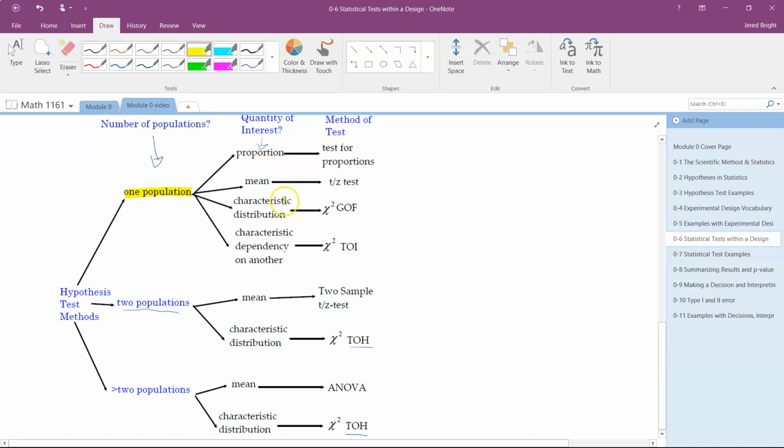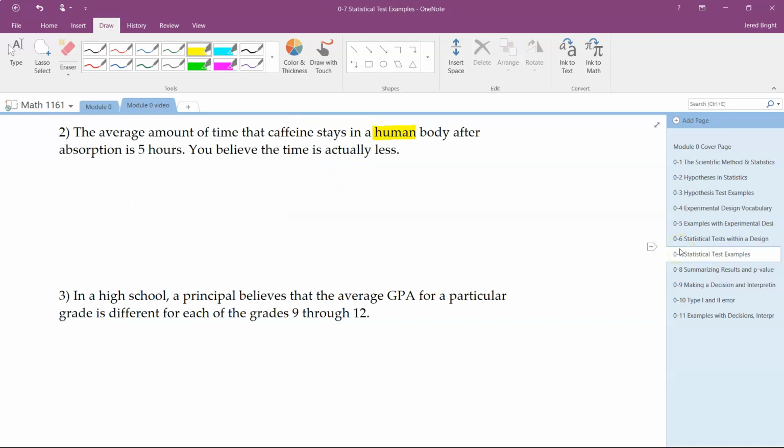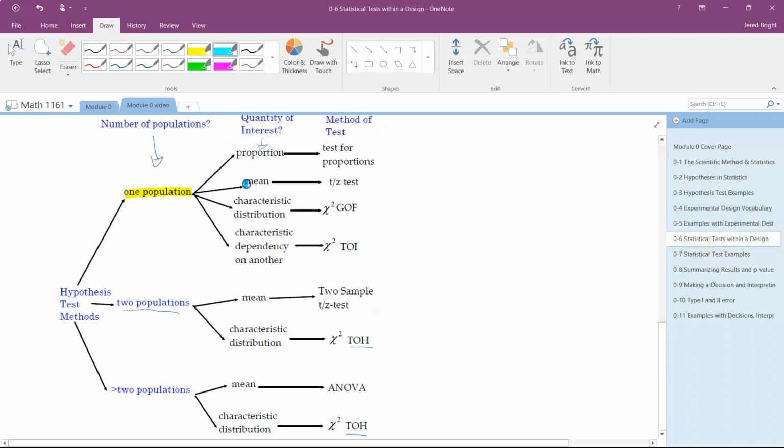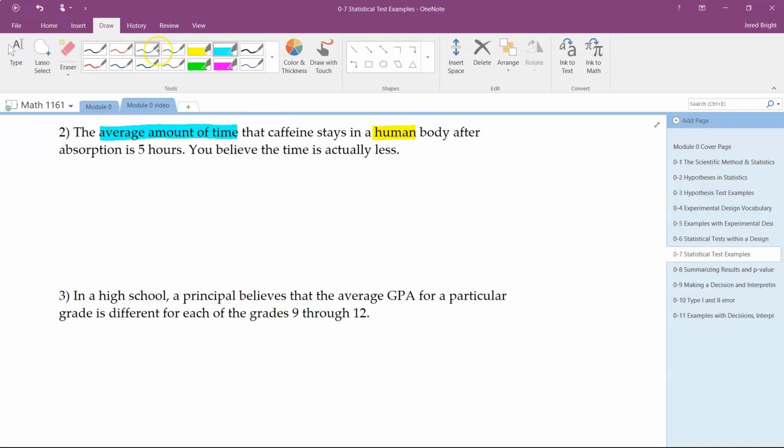And then from here, I need to decide which quantity I am interested in. If I think about this, it says you believe time. So it's actually average amount of time, right? So it's an average, it's a mean. And so that means I'm looking at a T or Z test. So I'm going to say this is a T or Z test.